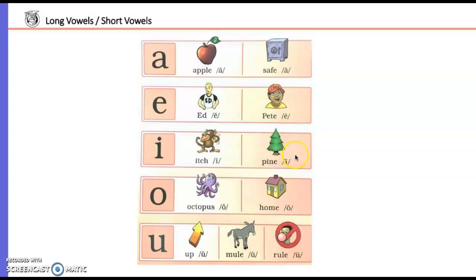Pine, i. Octopus, ah. Home, o. U, okay, it says up, mule, u. Rule, oo. So u is the only one out of all the vowel sounds that has 3 different sounds it can make.